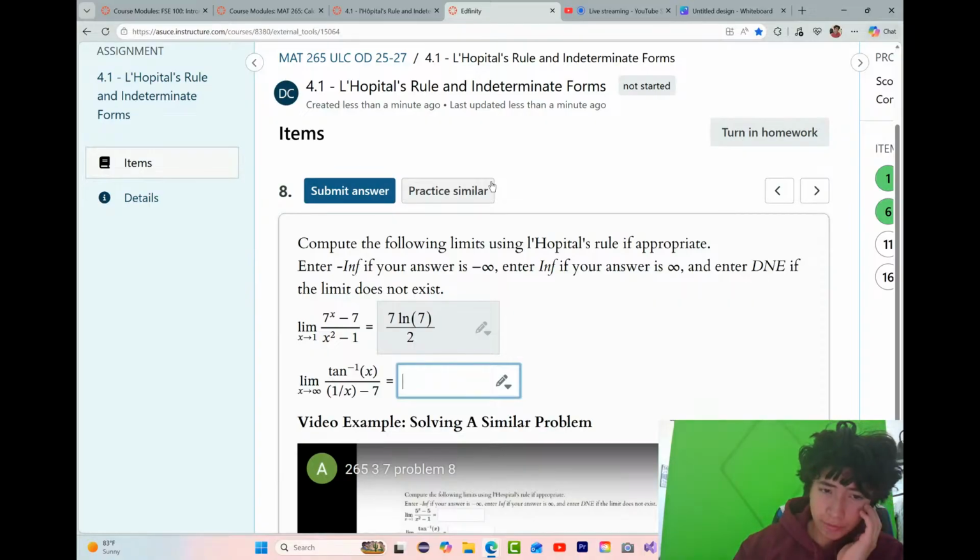In the bottom, we have 1 over x, and x tends to infinity. So 1 over infinity is 0, so we have negative 7 in the bottom. And tangent inverse of infinity. So we have sine of infinity. What is sine of infinity? Does not exist?